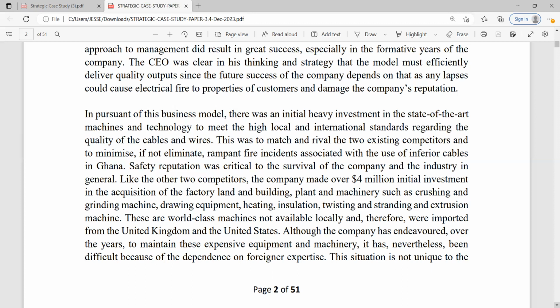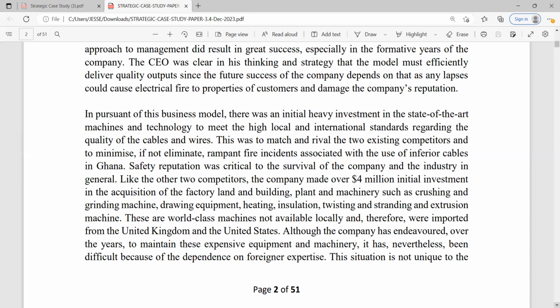Here, it looks like TCWL is trying to differentiate itself from competition by reducing the incidence of fire. One thing you need to also know is that in all this, you need to assess what the target market is. Now, safety reputation was critical to the survival of the company and the industry in general.